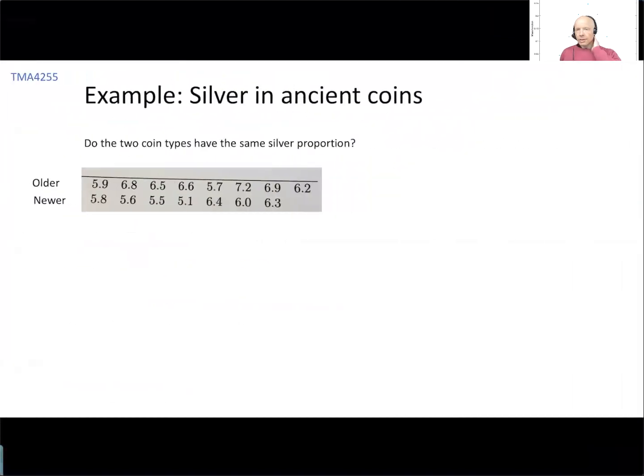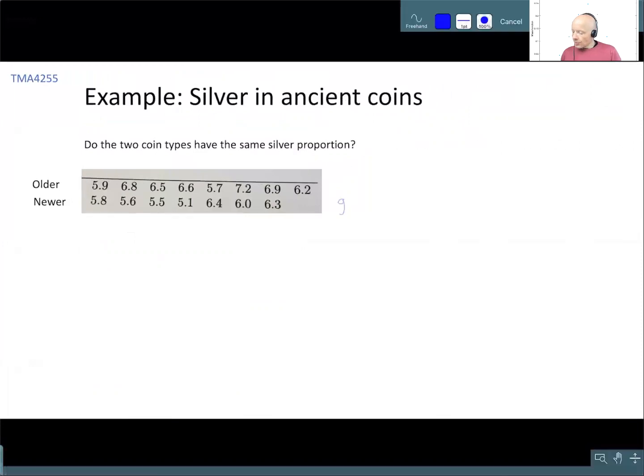So here's our example. It's from ancient coins. And the question is if they have the same silver proportion. And we can call this one group 1 and this one group 2.